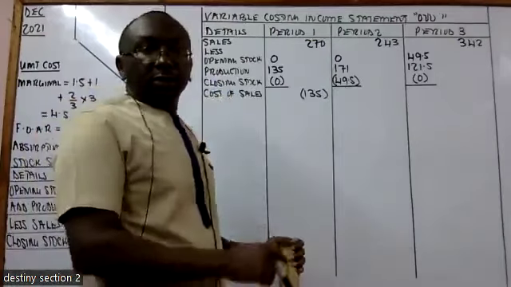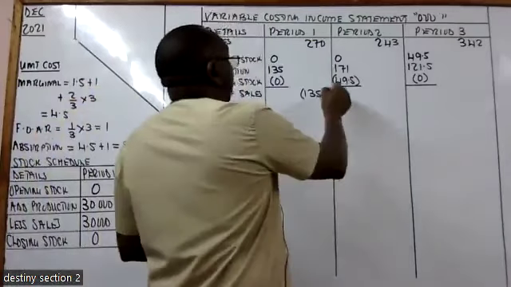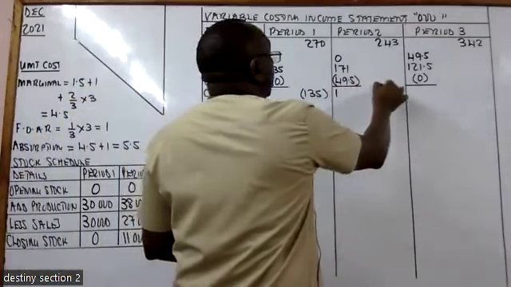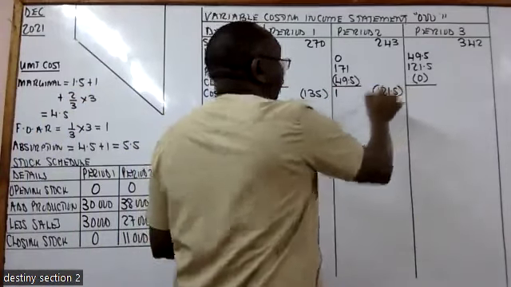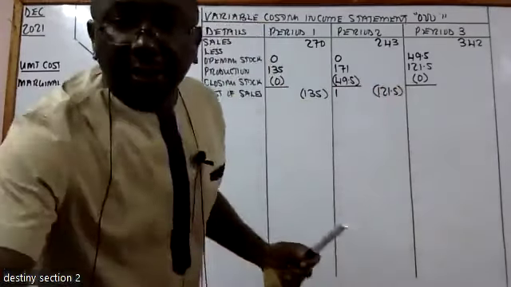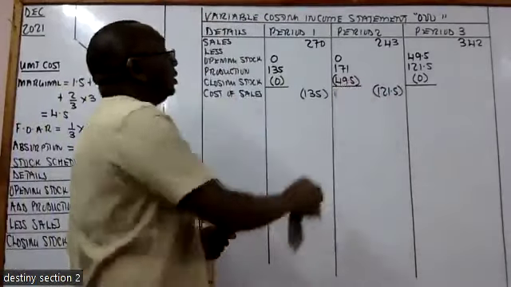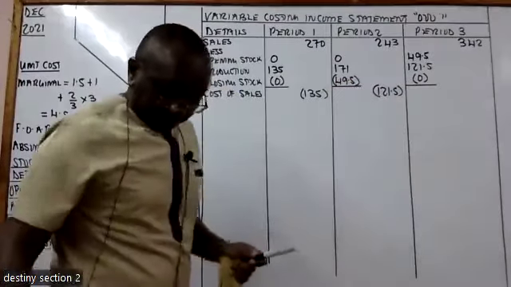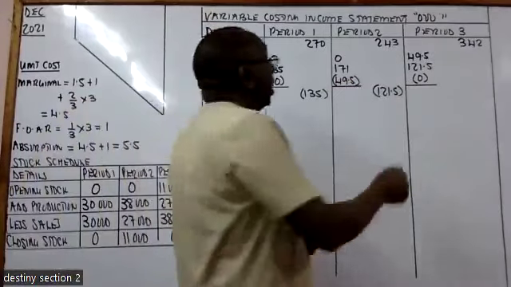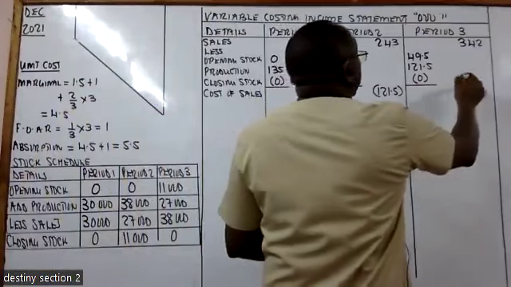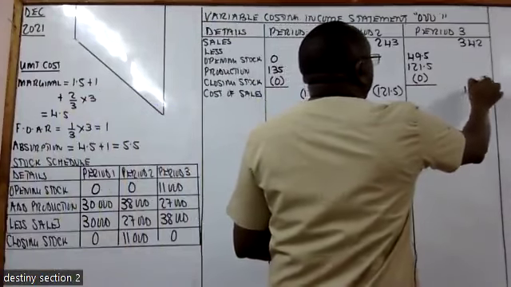Oh, okay. It's also 121.5. Sorry, 121.5. Tell me now, commission. Oh, itarudi 171, eh? Itarudi 171.